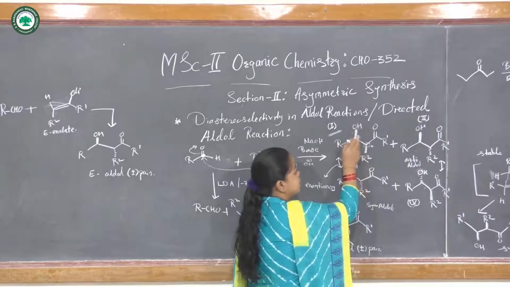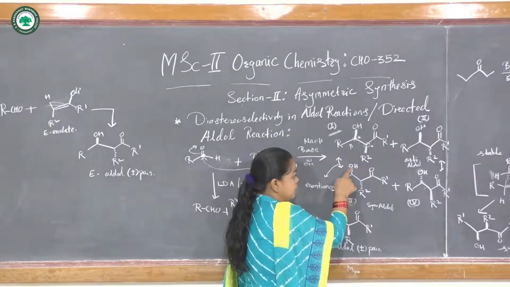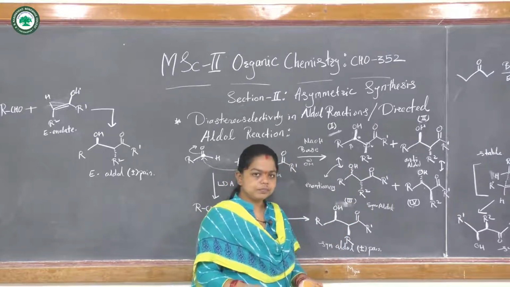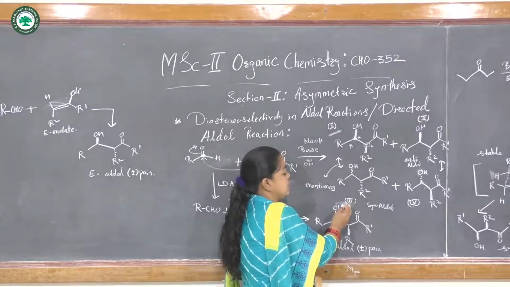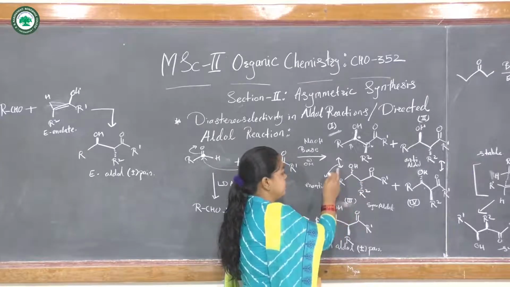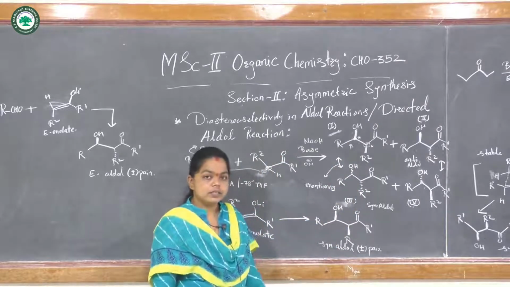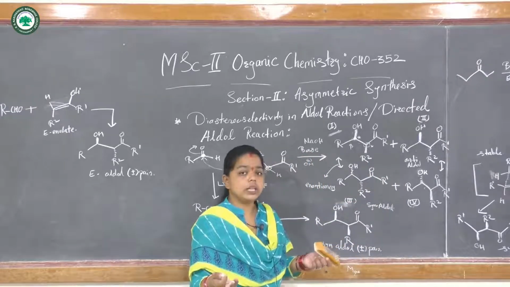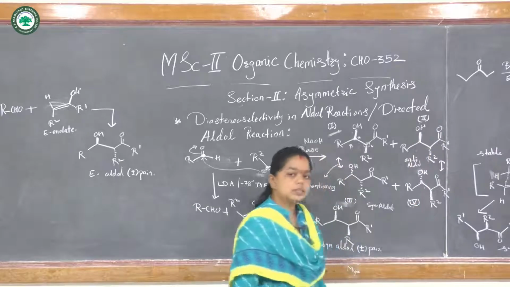So compound first and this compound third, in which these two groups are alpha oriented, are enantiomers of each other. So first and third are enantiomers. They will exist as these two diastereomers, along with their enantiomers.